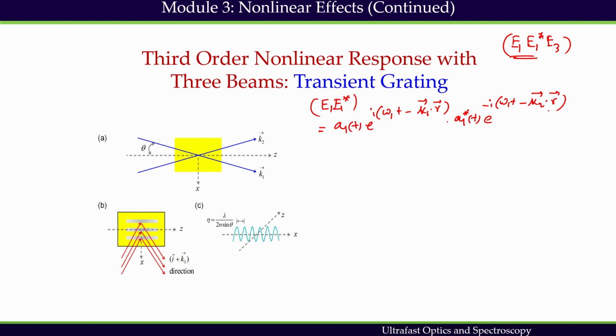We are saying that E1 multiplied by E1 star, but this is actually E2 star, which is equivalent. E1 and E2 are the same thing.